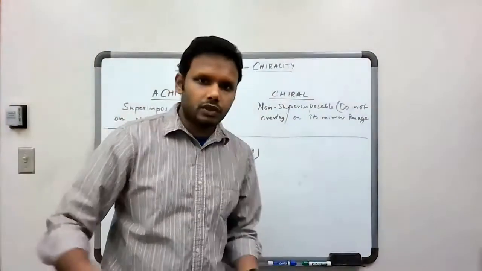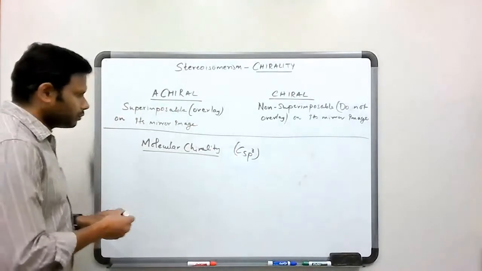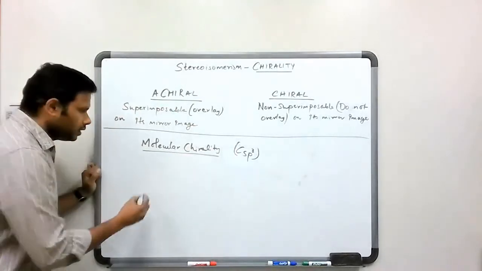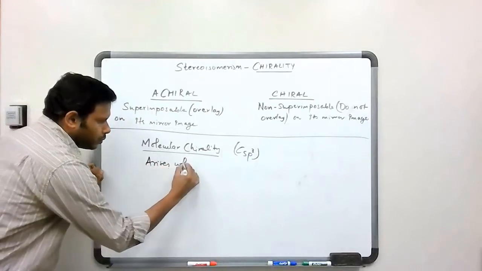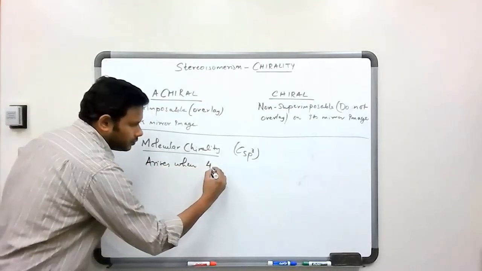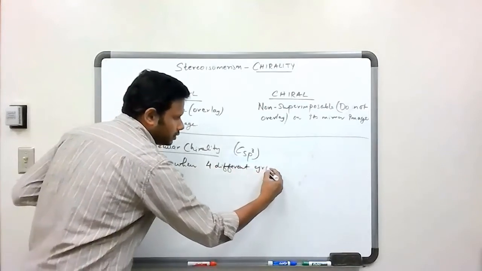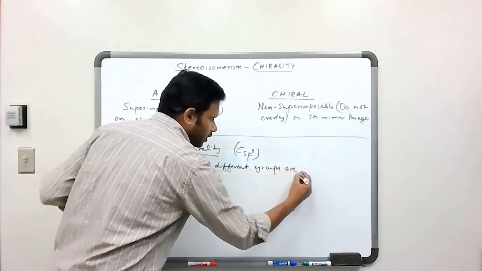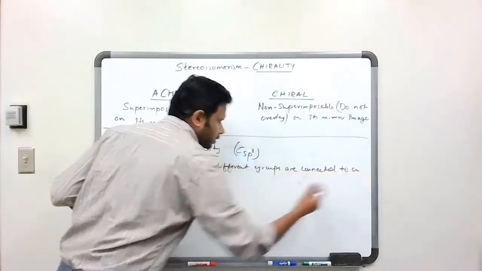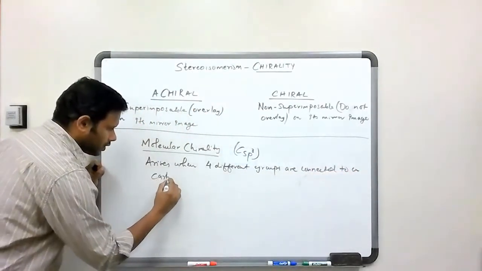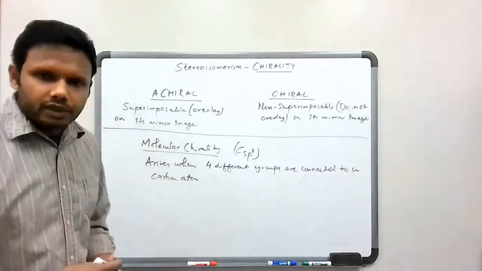Okay, so hopefully using the models, I was able to convince you that molecular chirality arises when four different groups are connected to a carbon atom. Now, it does not have to be carbon.